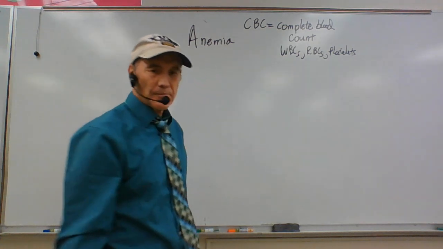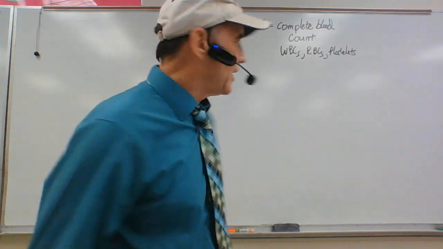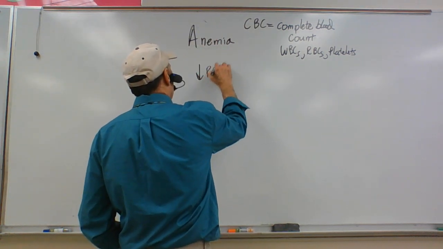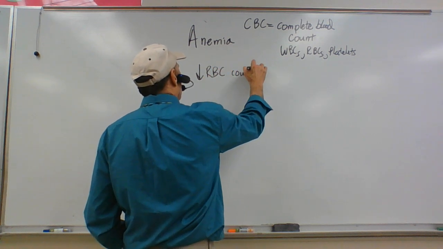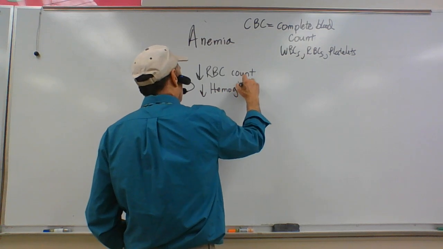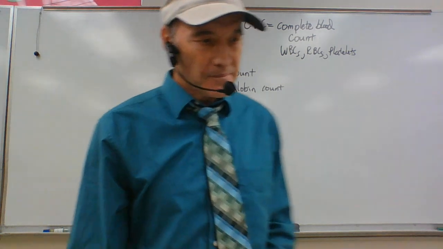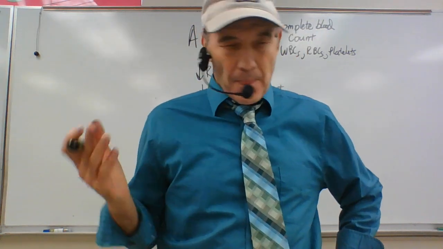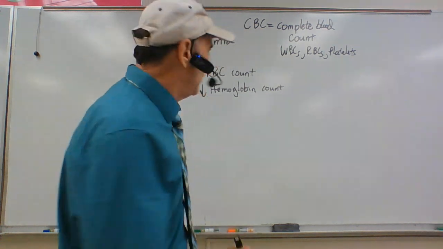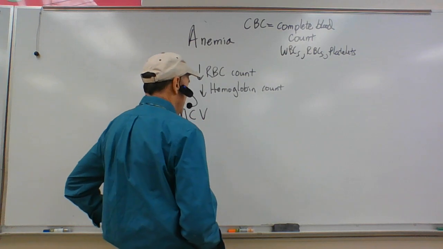Anemia then would be like this. How would you find that? Well, you would have a low red blood cell count. You would have a low hemoglobin count. Then there was that MCV, mean corpuscular volume.